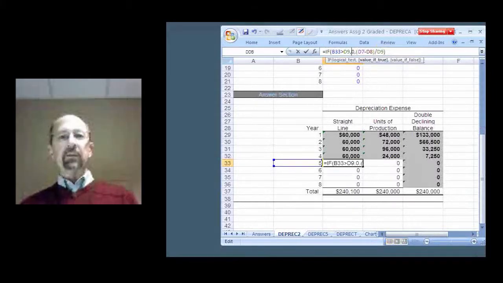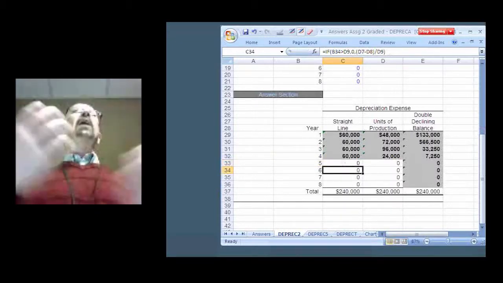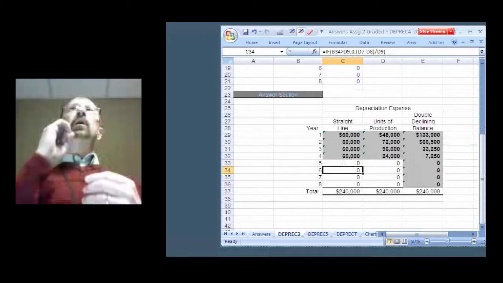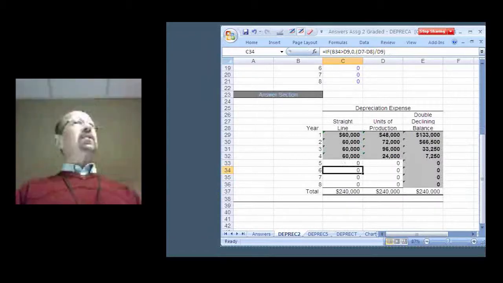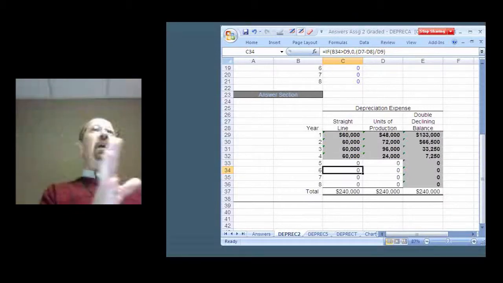Here, I'll put it back to 0. And so it puts 0 every place where it is past the life of the asset. 5 years is past the life of the asset, so I want 0 there. If it wasn't past the life of the asset, I want some information there. And that's why it's an if statement.